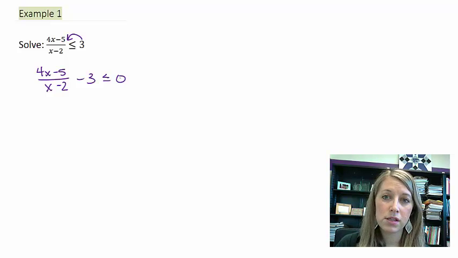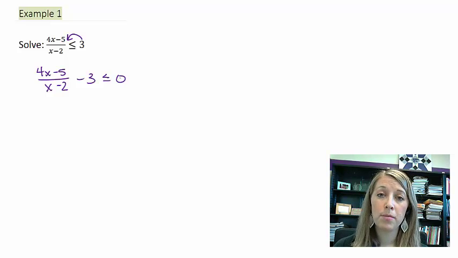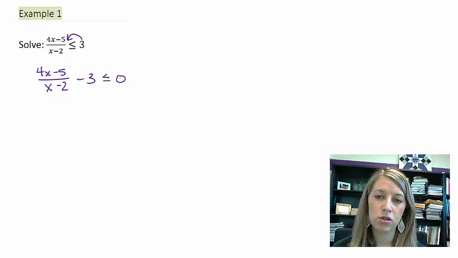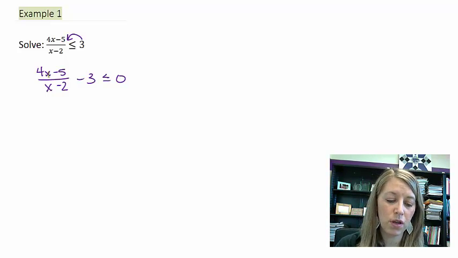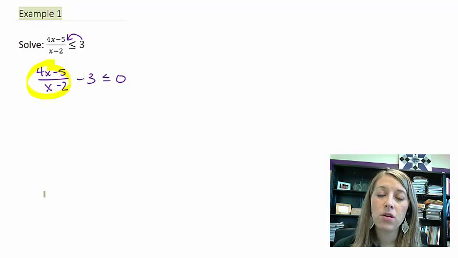And now I want to focus on the domain. Remember, domain, specifically when we're just talking about fractions, is my denominators cannot be 0. Or if I were to find the vertical asymptote of these individual pieces, so just focusing on the fraction portion, I know that that denominator cannot be 0.